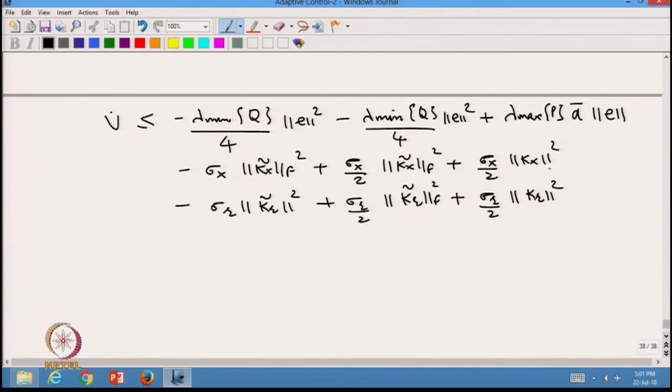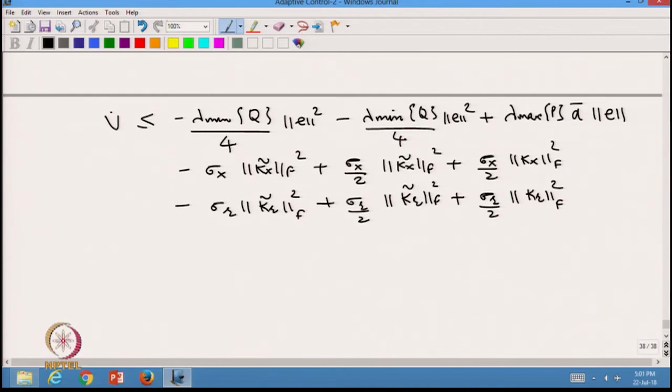Sometimes I forget the Frobenius norm. I hope you understand that wherever I am missing it, these matrix norms are in fact Frobenius norms.